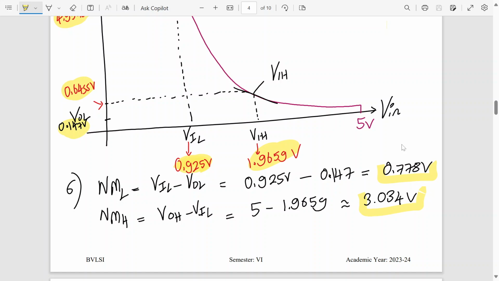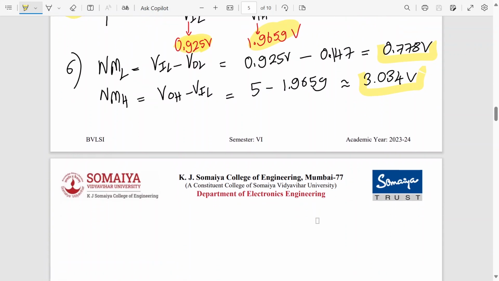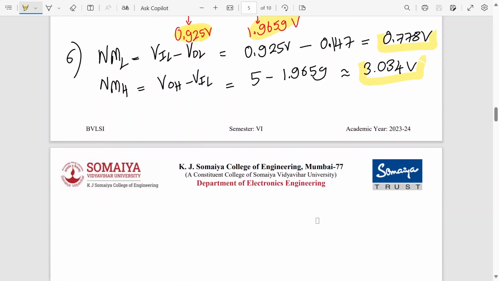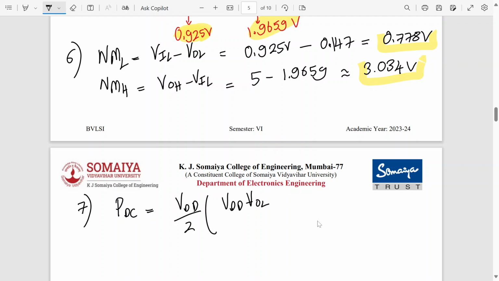Okay. What is the last thing which we have to find out? You got these answers only, right? Next is 7, power dissipation, PDC. It's VDD by 2, into VDD minus VOL divided by RL.